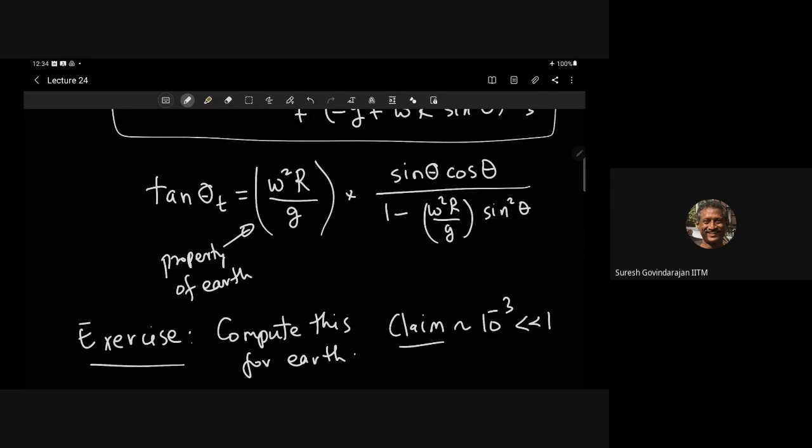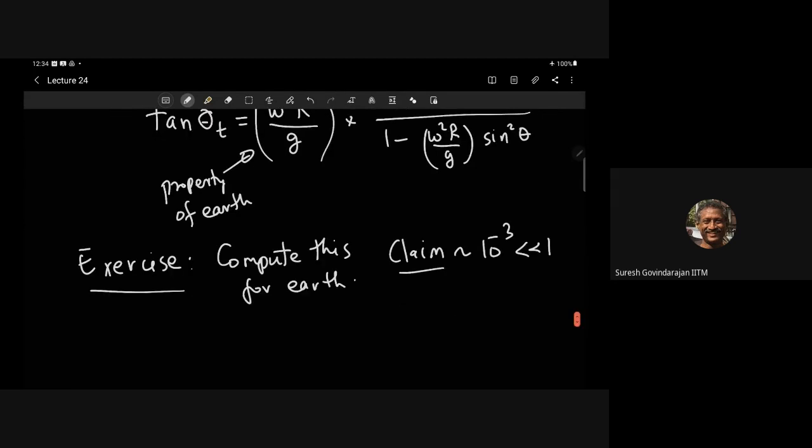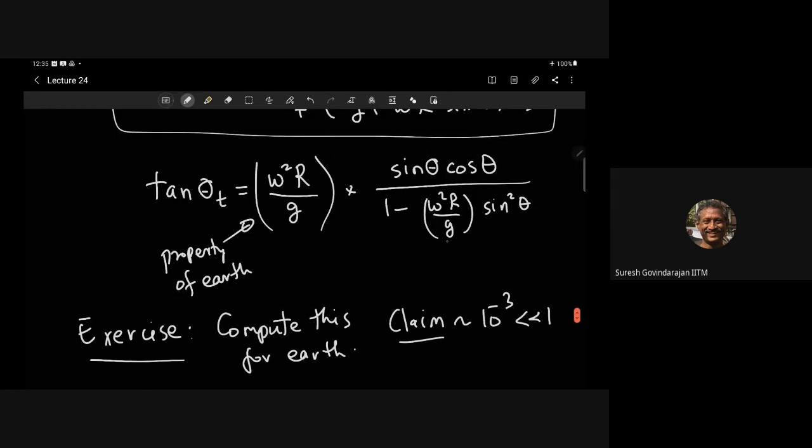So we can approximate. This quantity in the denominator is much, much smaller than 1.